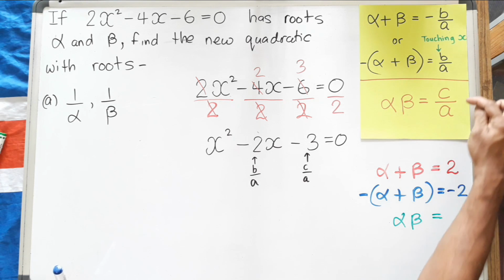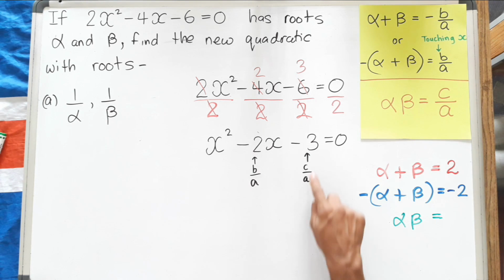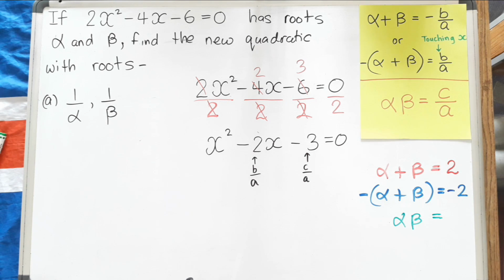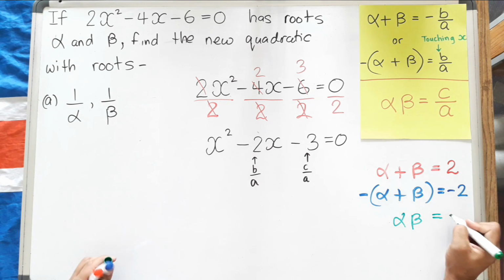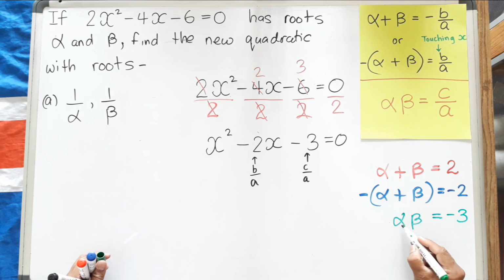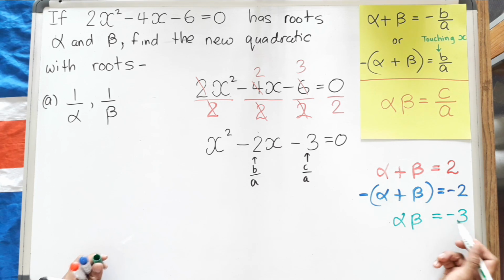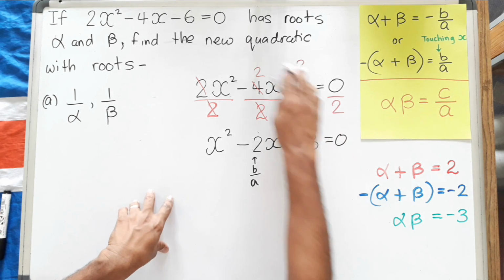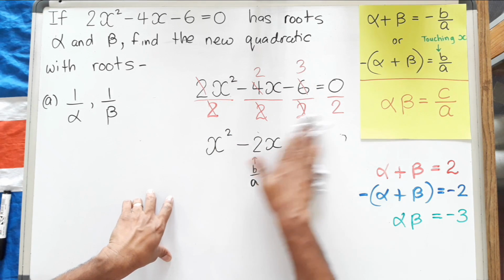Alpha multiplied by beta is C divided by A. C divided by A is minus 3. You don't make this one the opposite. Take it as it is. Minus 3. So anywhere I see alpha multiplied by beta, I'm allowed to replace it with minus 3. Alright, so I've just showed you how I got these values. So I'm going to erase this here. I need a space for this particular question.